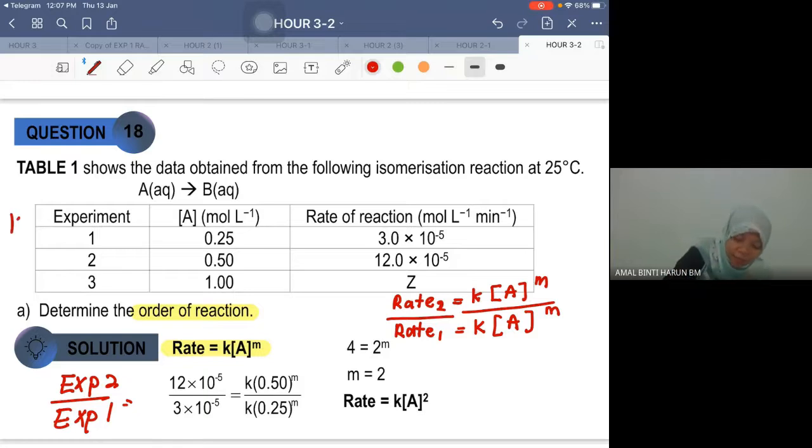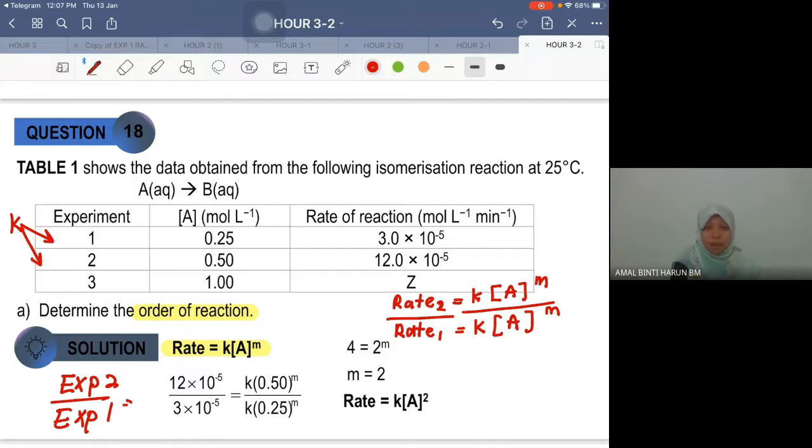Jadi nilai K bagi eksperimen ini sama dengan nilai K eksperimen ini. Eksperimen yang kedua, walaupun kita ubah concentration dia, sebab dia masih lagi reactant yang sama, produk yang sama. K tidak berubah kalau kita ubah concentration.